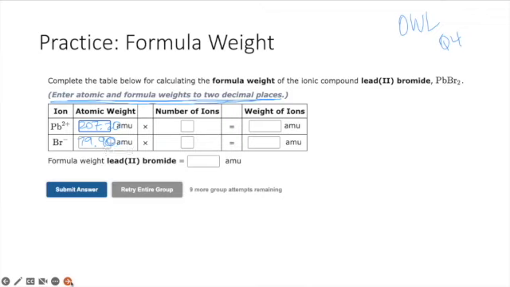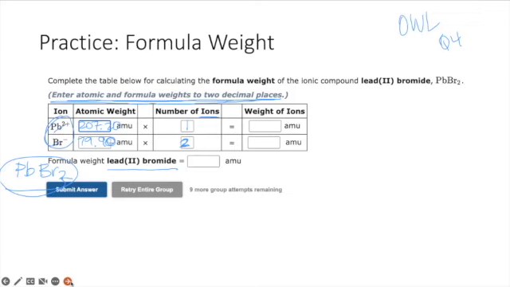Okay, and so now it's asking you if we were to make lead bromide, right? So if we were to make this into a compound, we'd swap the charges. So looking at this compound, how many ions are there? Well, for lead, there's only 1. For bromine, there's going to be 2. And in this case, saying number of ions is kind of the same as saying number of atoms.